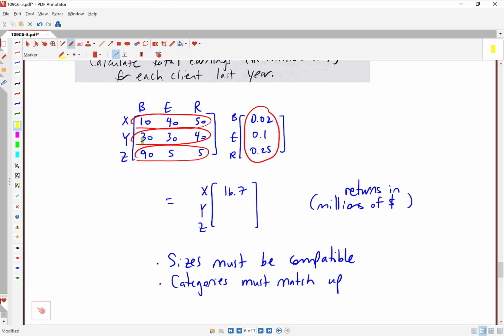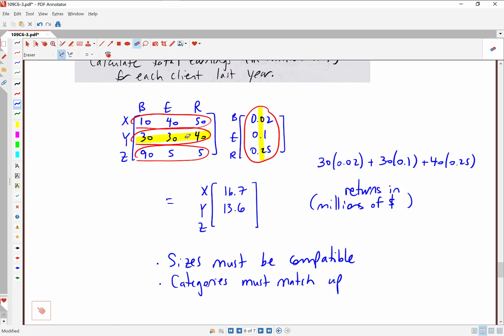So for client Y, we're doing this dot product, the second row with the column there. I'll just do some scribbling up at the top of the screen. So we're going to go 30 times 0.02 plus 30 times 0.1 plus 40 times 0.25. Okay, so if we pull out our calculator there, that's going to be 13.6.